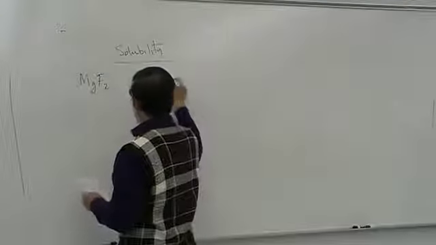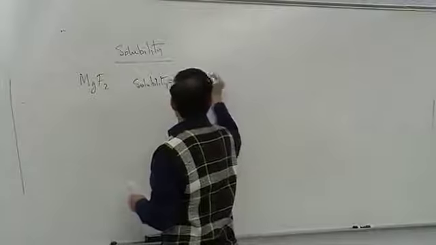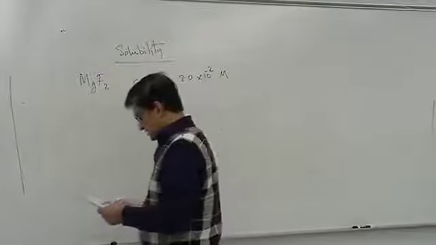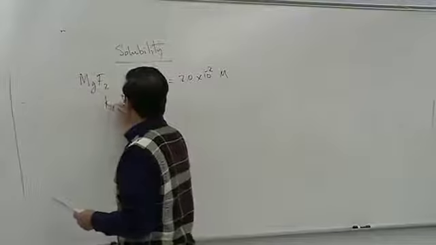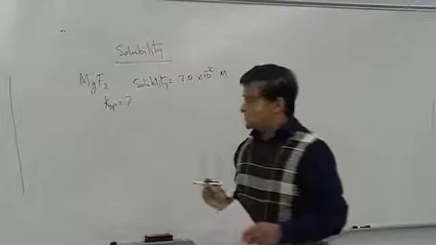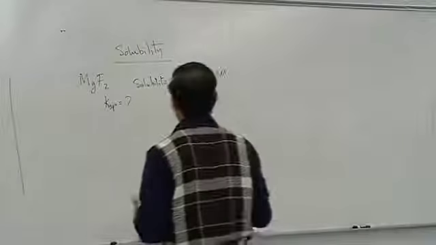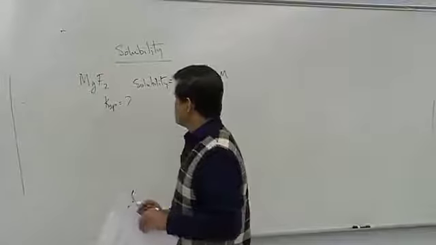solubility equals 2.0 times 10 to the negative 2 molar. Say that information is given to you, and you need to get the equilibrium constant, in this case Ksp. So a partly soluble compound is added in water, and only 2.0 times 10 to the negative 2 goes in solution.